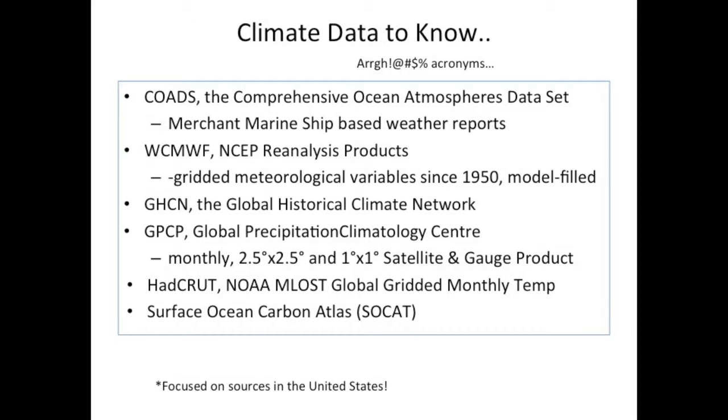So these are gridded meteorological variables created by model output that's informed by data, available and run since the 1950s up to the present. The Global Historical Climate Network, GPCP, the Global Precipitation Climatology Project data sets at different resolutions. And then these global average time series from HadCRU.